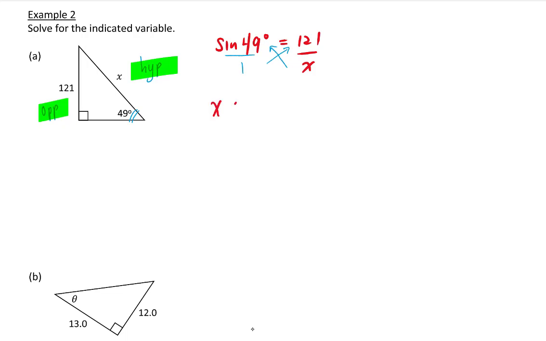And we have x sine of 49 degrees equals 121. And again, we only need to do this when x is in the denominator. Since we have x times sine 49, we need to divide out sine of 49 from both sides to get x by itself. And now we have that x is equal to 121 over the sine of 49 degrees.